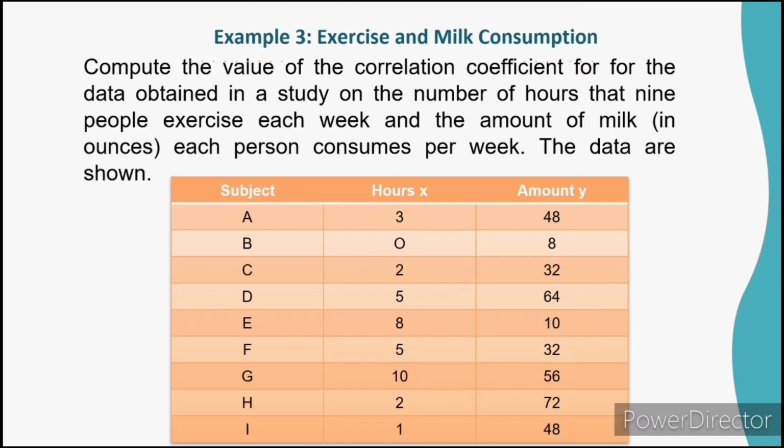Example number 3. Compute the value of the correlation coefficient for the data obtained in a study on the number of hours the 9 people exercise each week and the amount of milk in ounces each person consumes per week. For our third example, we're going to use Microsoft Excel.